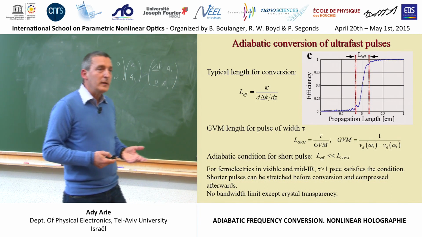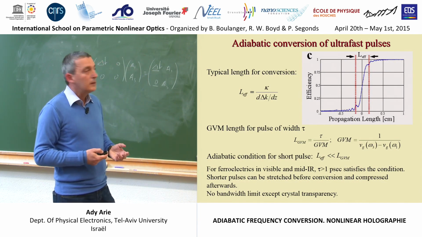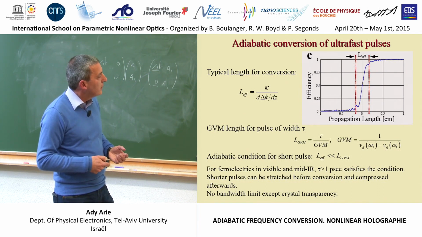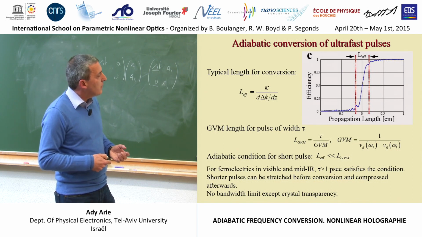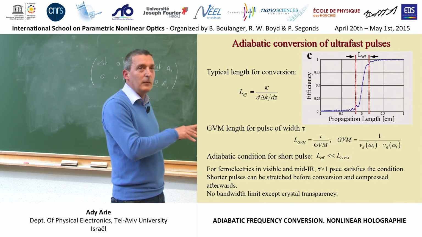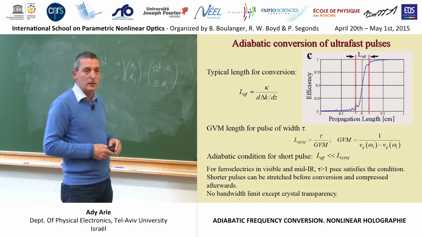So how do we maintain the adiabatic condition in an ultrafast pulse? The criterion would be that the GVM length should be much larger than this length. Okay, this is written here. Now, if we put in typical numbers, this means that we need more than about 1 picosecond.